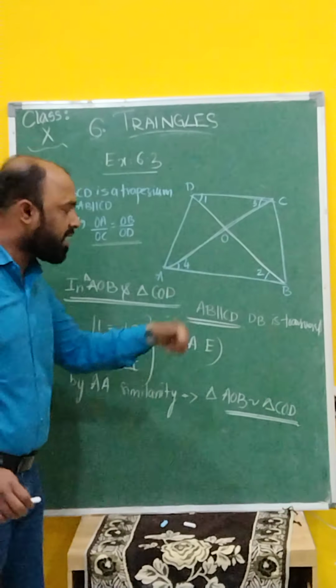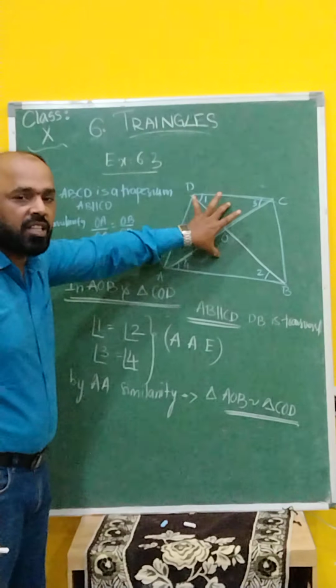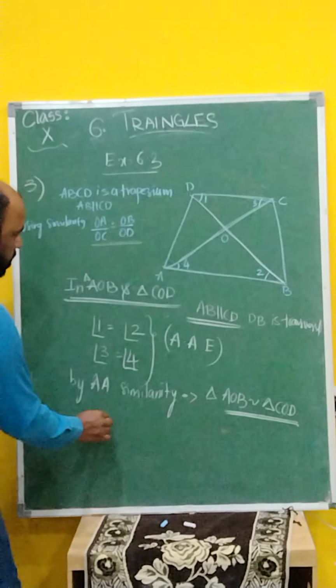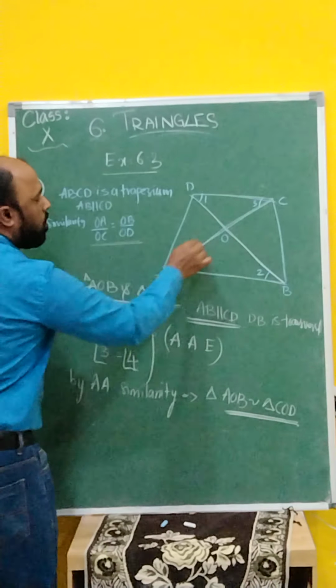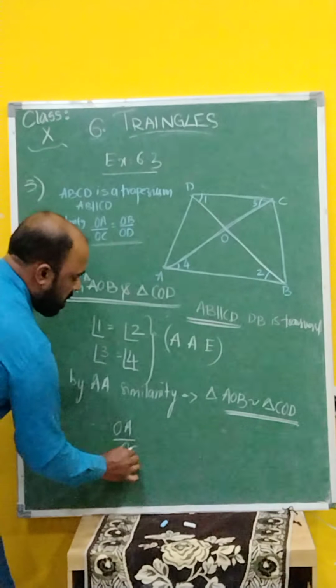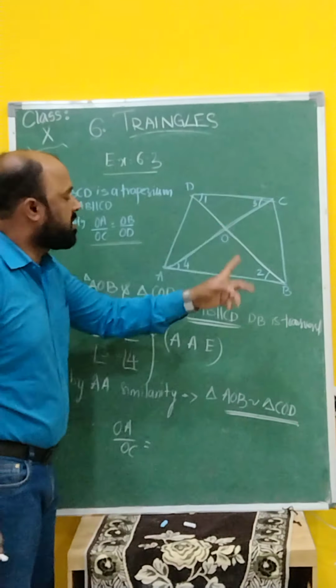But what is asked here? The sides are proportional. If two triangles are similar, obviously sides are proportional. Therefore, OA by OC is equal to what is next?